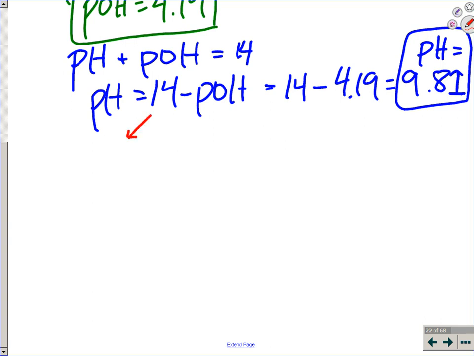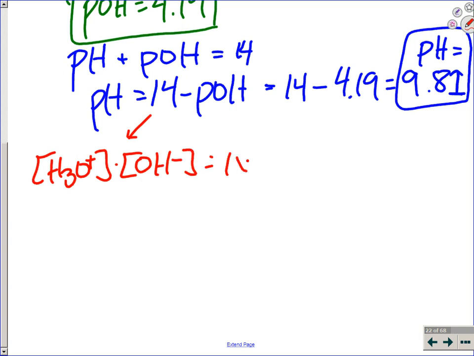So method 1: hydronium concentration times hydroxide concentration equals what? 1 times 10 to the negative 14. So what would I have to do to isolate hydronium? You're dividing by hydroxide.